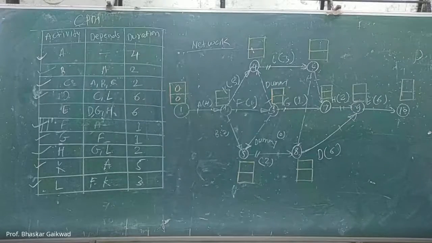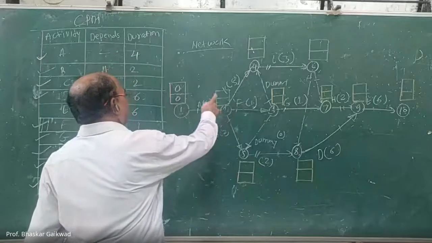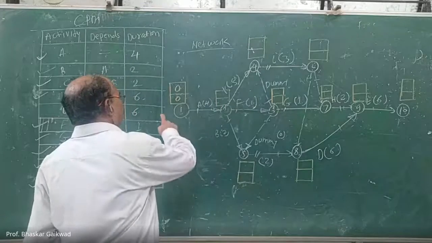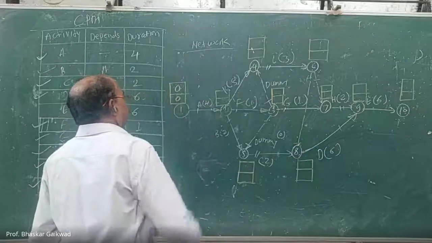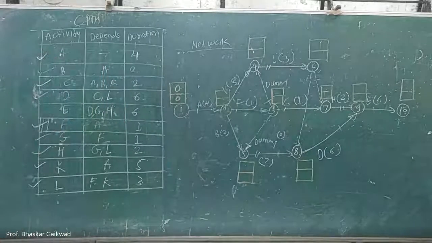Okay. So by using the forward pass, how to calculate? Which is the maximum that you have to calculate.